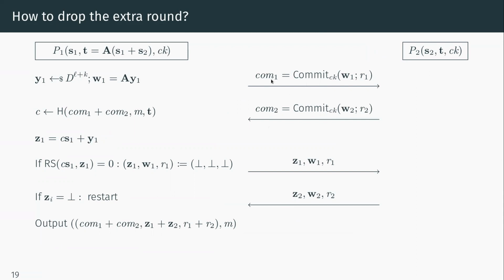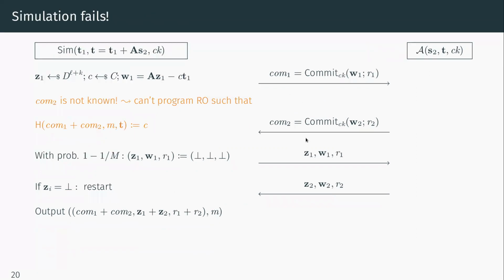Now both parties submit commitments, they exchange commitments and then add them up, and again exchange the response value. If you try to simulate this protocol, there's an issue. Because there's no hash commitment coming from the adversary, there's no way for the simulator to know the adversary's share of the commitment.